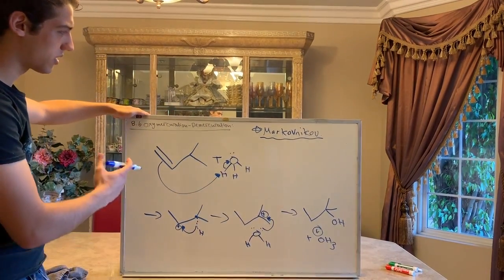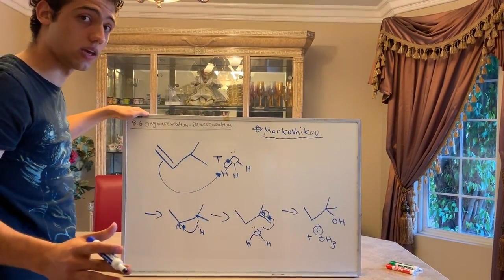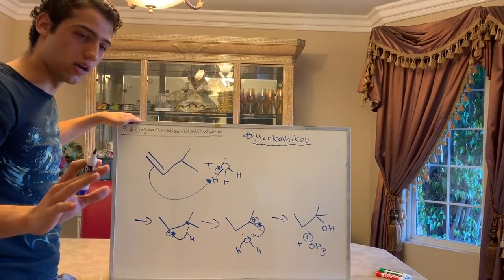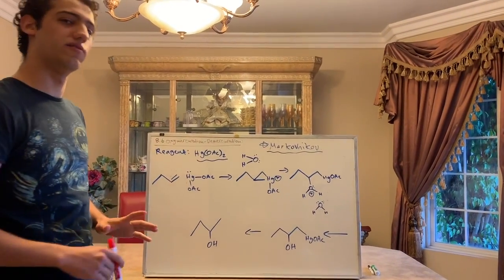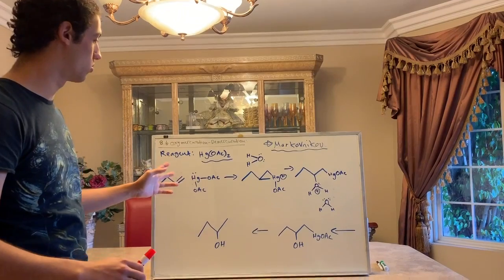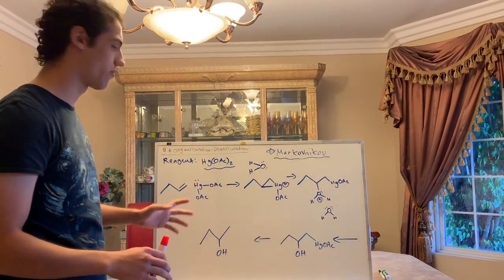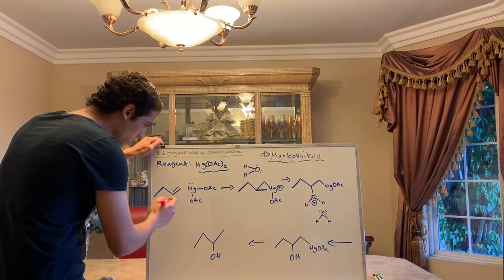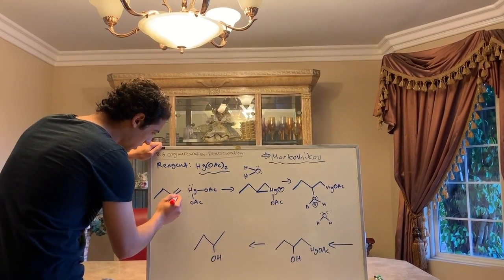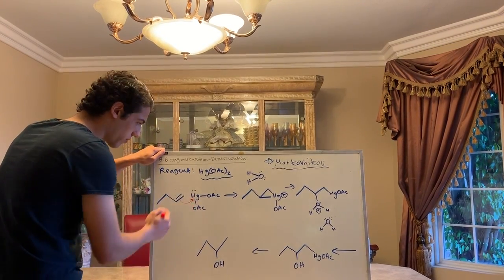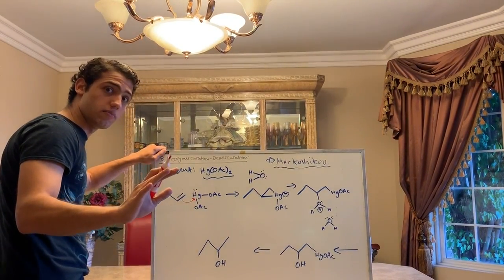When I use oxymercuration-demercuration, there won't be carbon rearrangement because the intermediate will be a mercurinium ion. So this is the mechanism for the oxymercuration-demercuration. Remember what I just said. This is beneficial because it will not form carbon rearrangement. So what happened in this mechanism is that the alkene attacks the mercury, but this is all considered one mechanism.